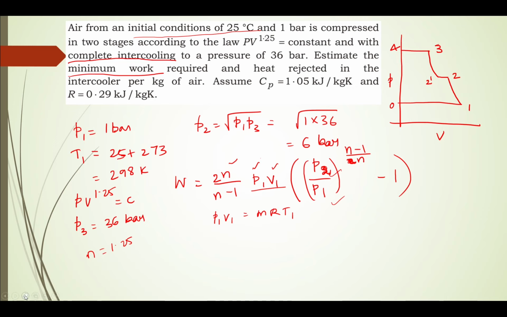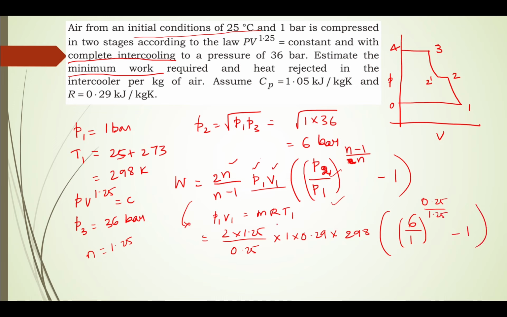So it becomes 2 into 1.25 by (1.25 minus 1), which is 0.25, into P1 V1, which is mRT1, 1 into 0.29 multiplied by T1 which is 298, multiplied by (P2 which is 6 by 1) whole power 0.25 by 1.25.